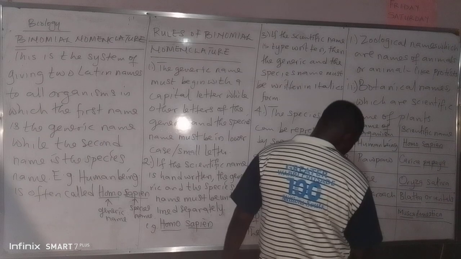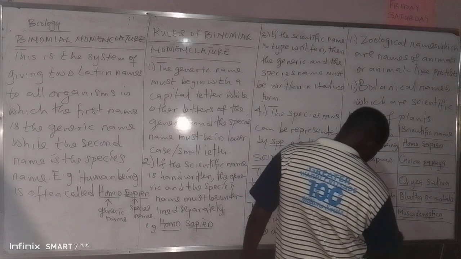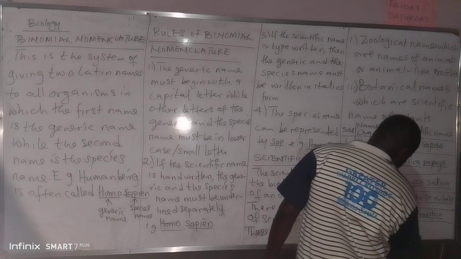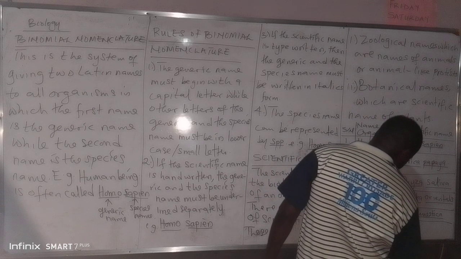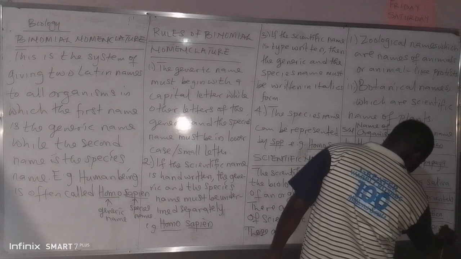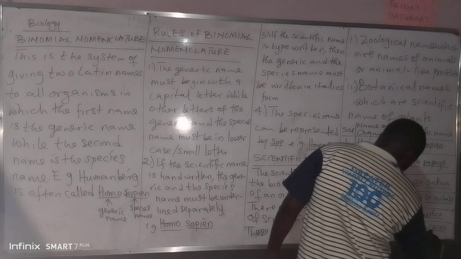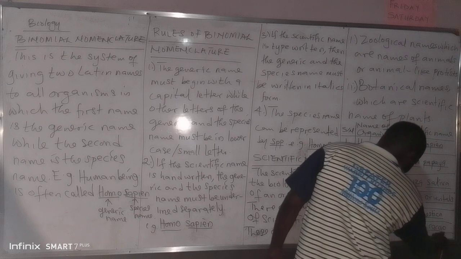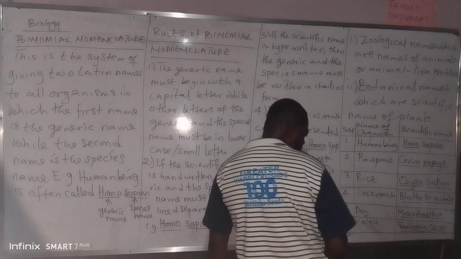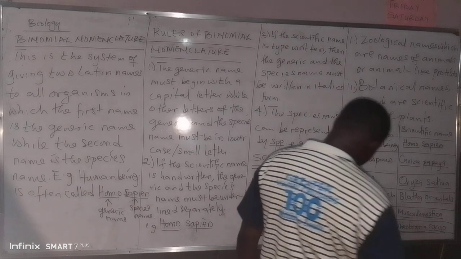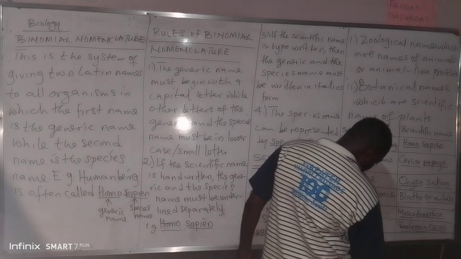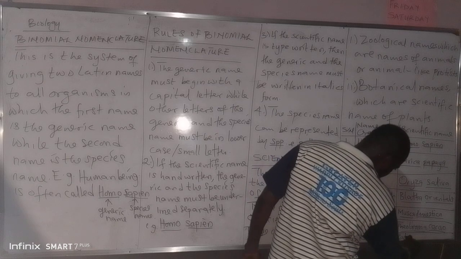What about cocoa? Cocoa is Theobroma cacao. So, what about rats? Rat is Rattus rattus.